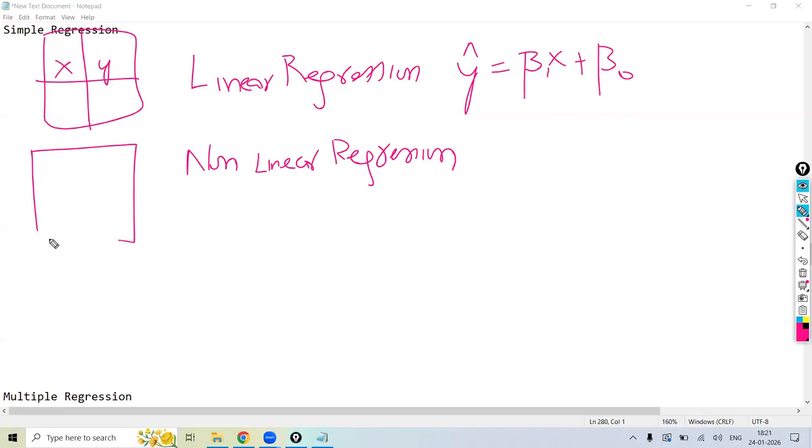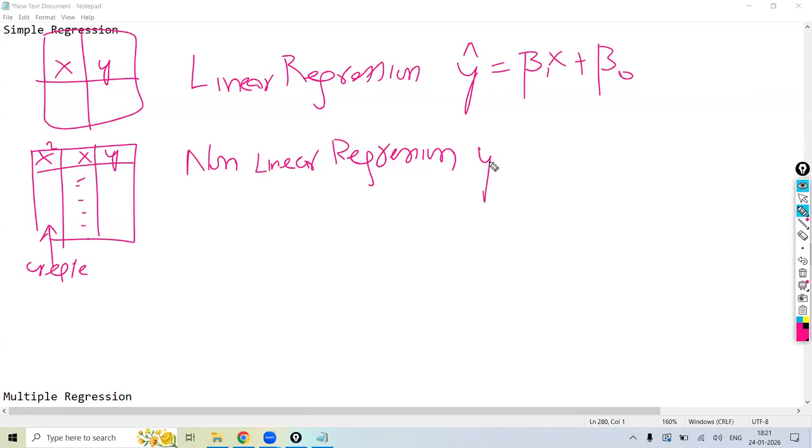the data they will give us is only x comma y. We will create a new column. We already know how to create a new column: since x values are there, we simply create the square of that column. So we are going to create one more column.